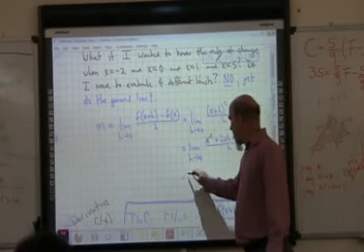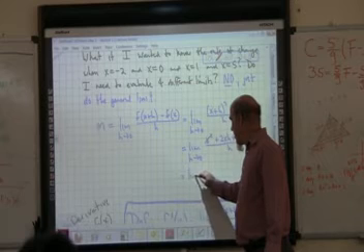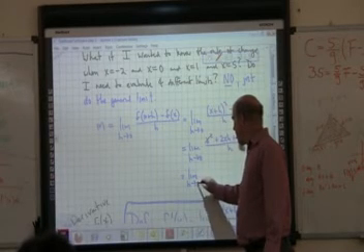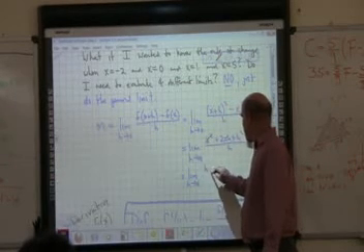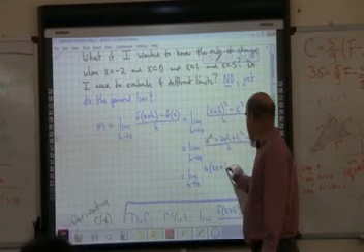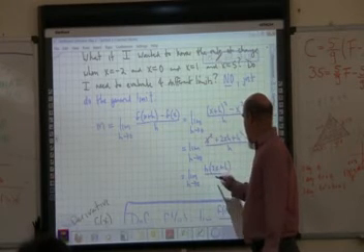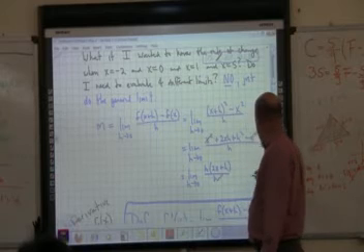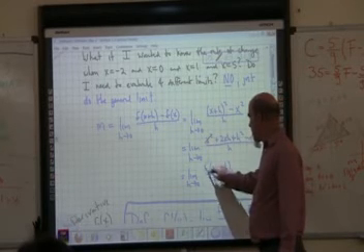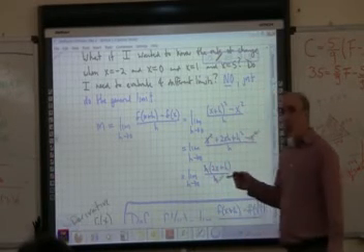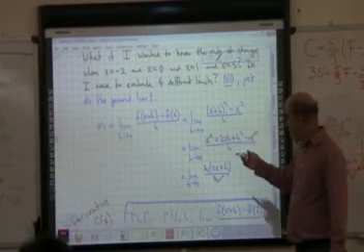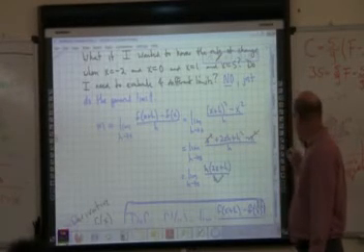This is equal to the limit as h approaches 0 of h times 2x plus h over h. Reduce the h's. Do my direct substitution for h equal to 0.